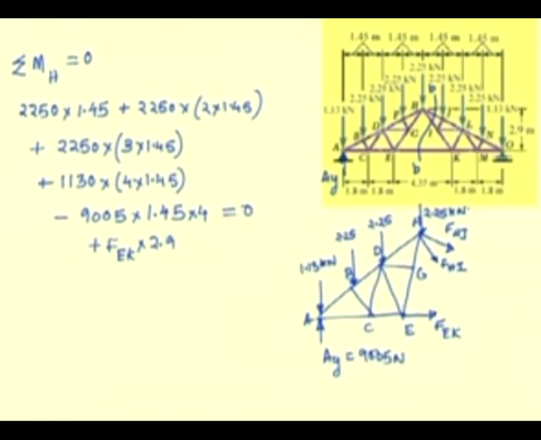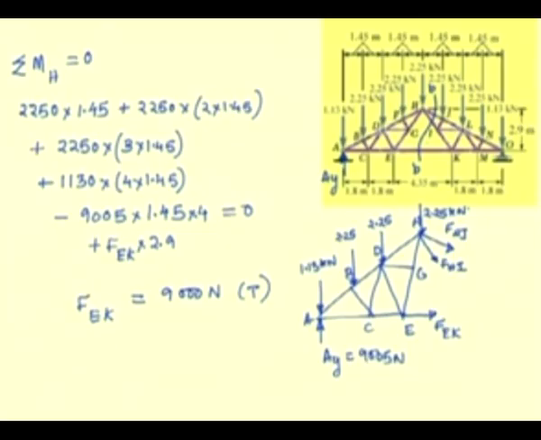So, sum of all these moments is equal to 0, and from this equation the force in the member EK can be determined, and it is determined as 9000 Newton, and since it is positive, it is tensile in nature. So, from this free body diagram we have determined the force in the member EK.